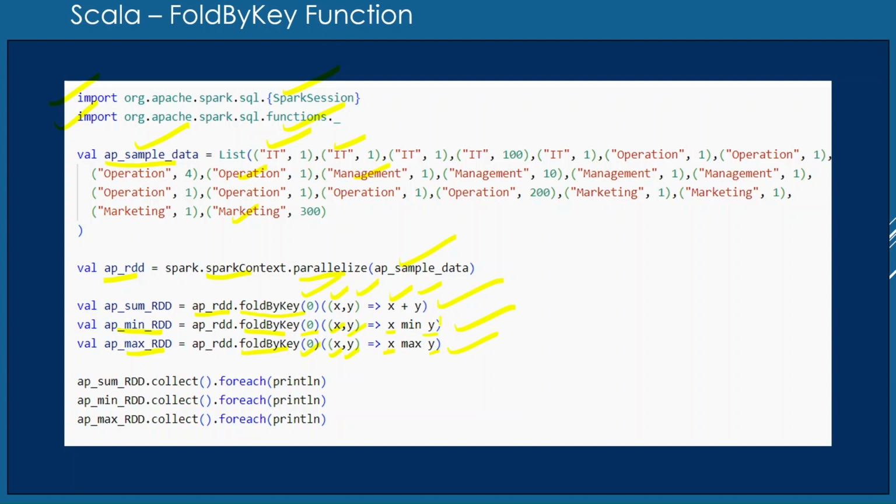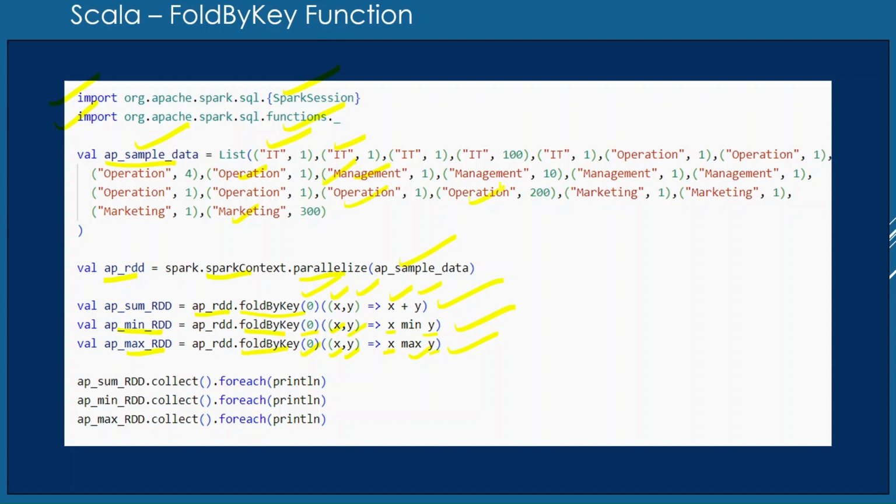The minimum will figure out what is the minimum value for each key: what is the minimum value in IT, in management, in operation. And for the maximum, it will figure out the maximum value for each key: what is the maximum value of IT, of management, of operation.